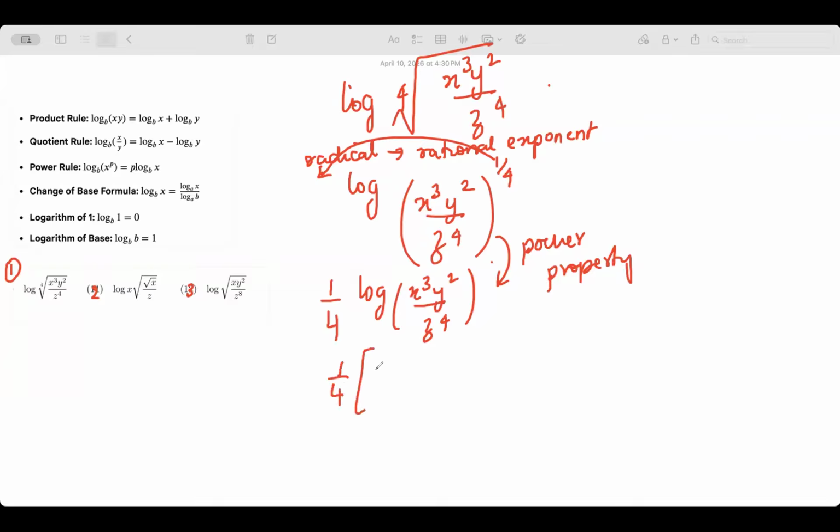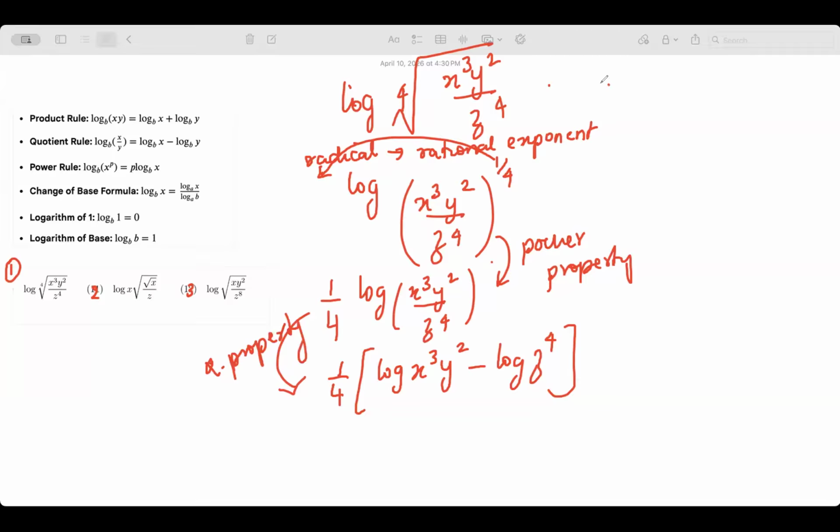As soon as I see that, I will write log x cube y square minus log z power of 4, and then the product property gives log x cube plus log y square minus log z power of 4.